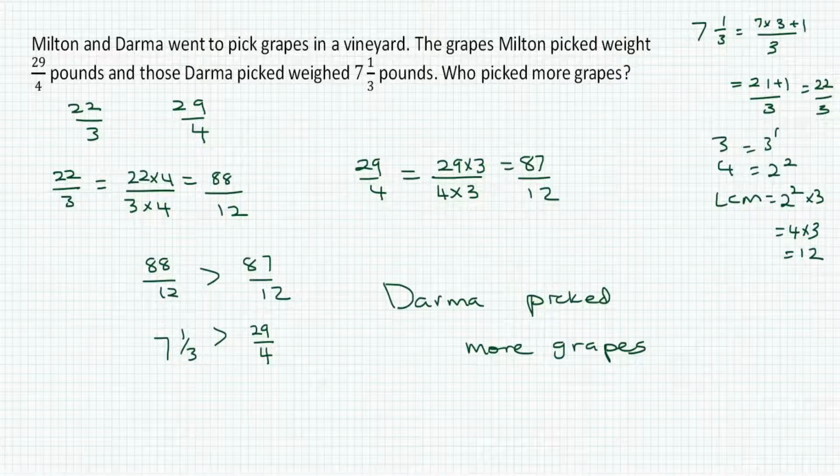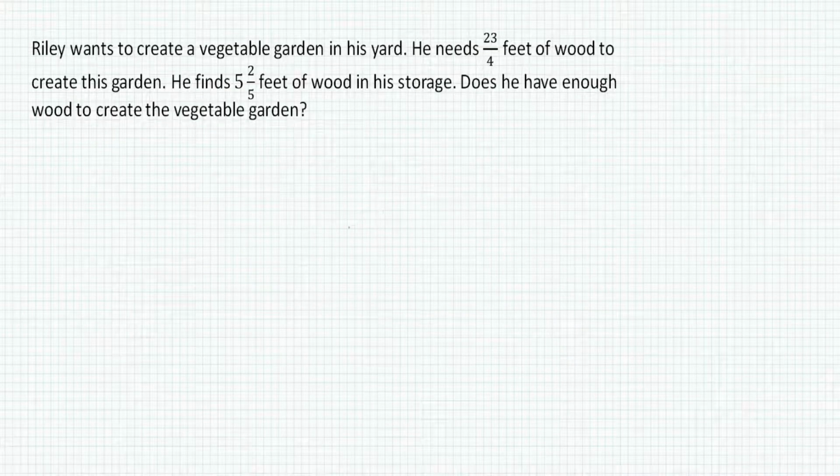And then the final example, Riley wants to create a vegetable garden in his yard. He needs 23/4 feet of wood to create this garden. If he finds 5 2/5 feet of wood in his storage, does he have enough wood to create the vegetable garden?